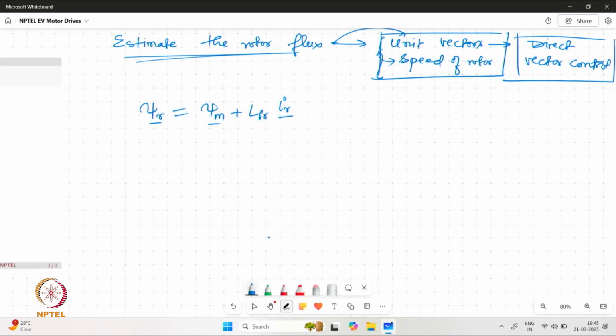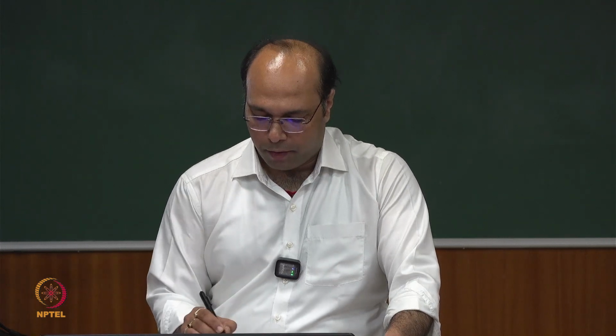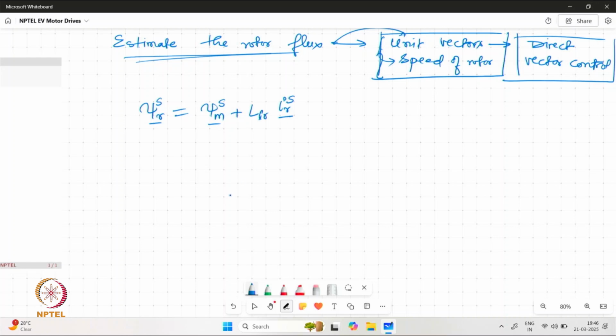Now, because we are targeting the realization of this whole estimation on a physical system, we can choose a suitable frame of reference for all the quantities. For example, stator frame of reference. Now, eventually what we have is Lm (Is plus Ir) in the stator frame of reference, plus Llr Ir in the stator frame of reference.